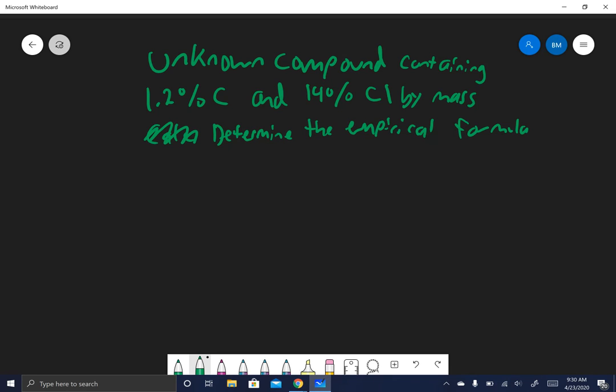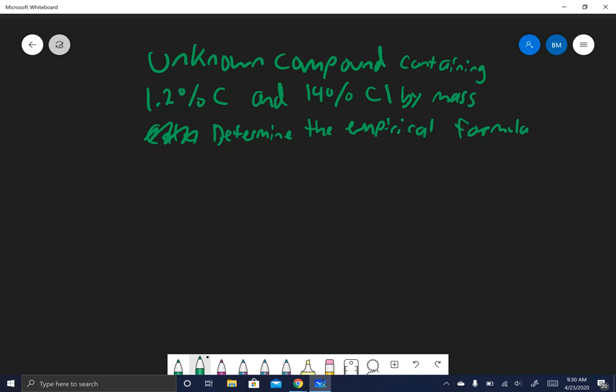All right. So these are just like the ones we did last time, except I gave you grams there instead of percentages. So percentages sometimes give kids anxiety, but this is actually pretty easy.